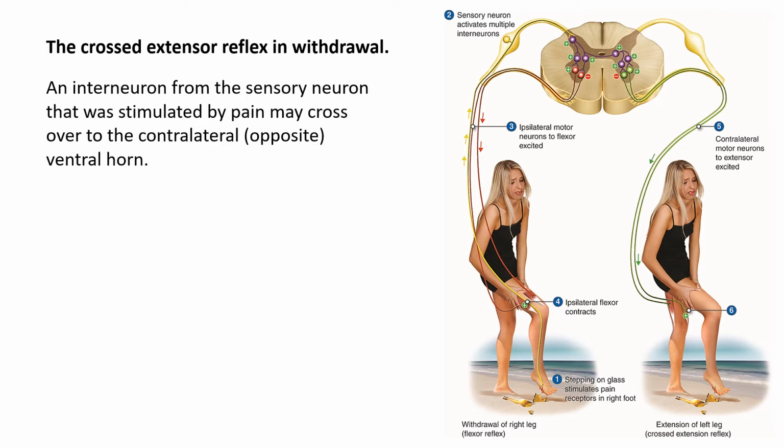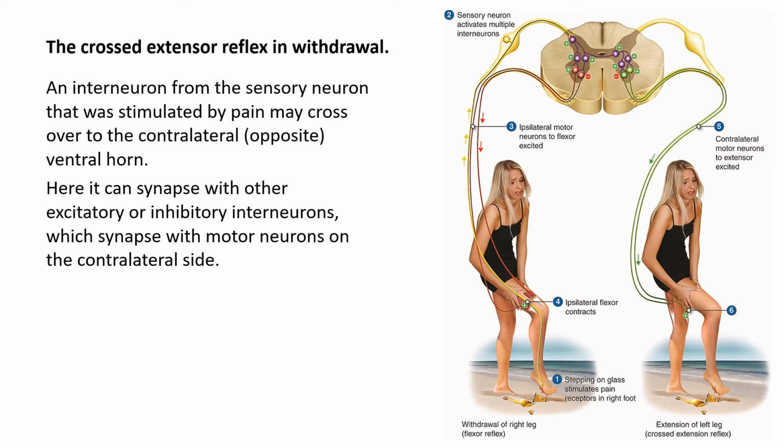So in this case, an interneuron from the sensory neuron, the original one sensing the pain, may cross over to the contralateral, the opposite side. Remember, contralateral is opposite, ipsilateral is the same. It goes to the contralateral ventral horn. So this is the opposite ventral horn. This ventral horn has motor neurons serving the other leg, or in the case of touching a hot plate, the other arm.